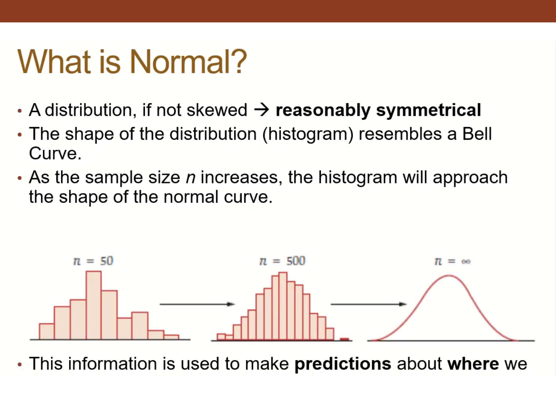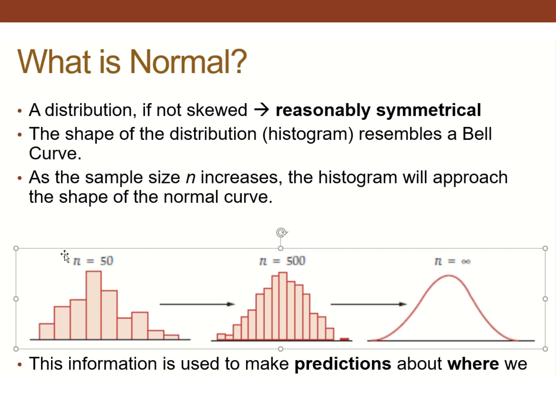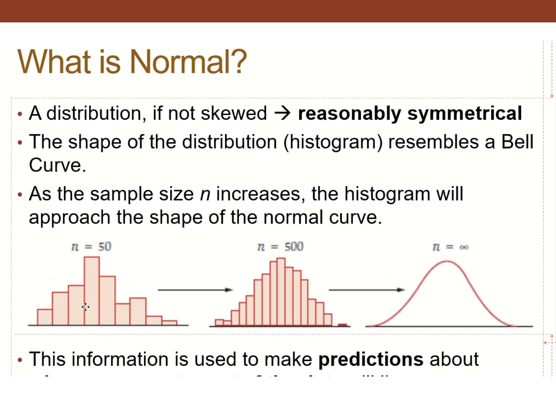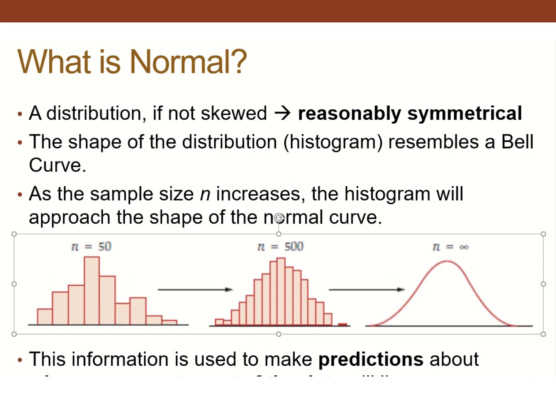All right, so what is normal distribution? It's basically a distribution that is reasonably symmetrical. This is what we learned in chapter 4, where you see a curve that looks like this, or the shape of the histogram resembles the bell curve like this.